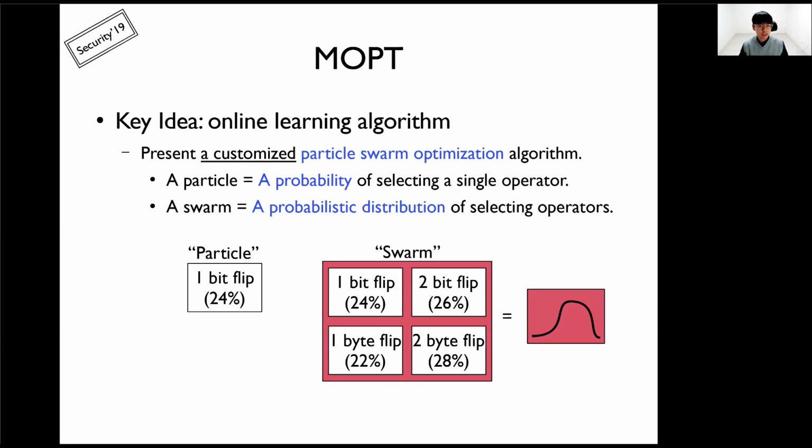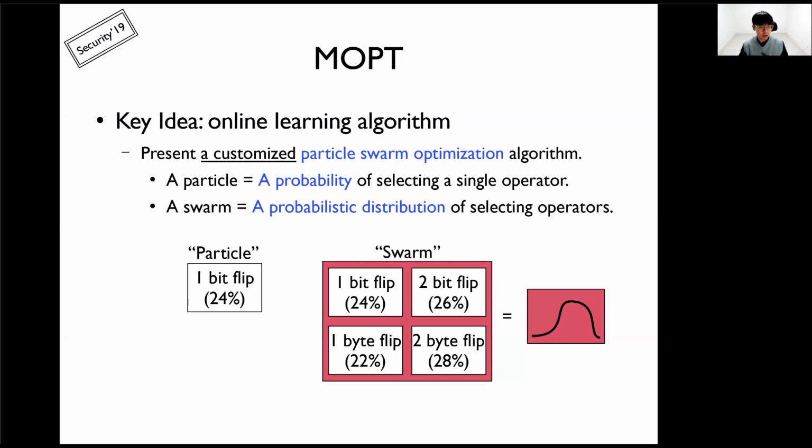In this work, a particle denotes a single probability of sampling a single operator. For example, the sampling probability of the 1-bit flip operator, such as 24%, corresponds to a single particle.